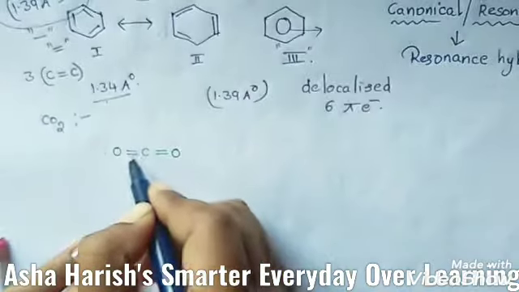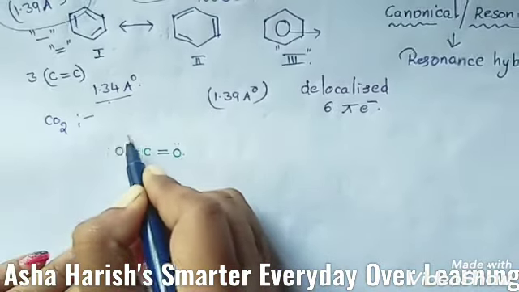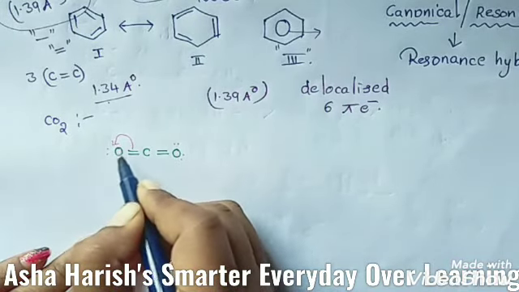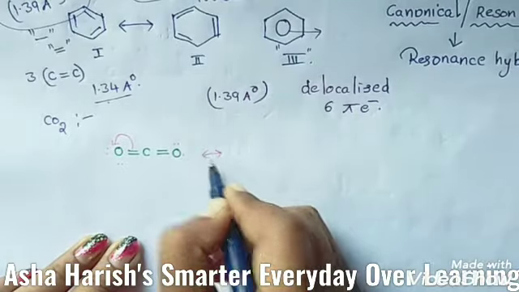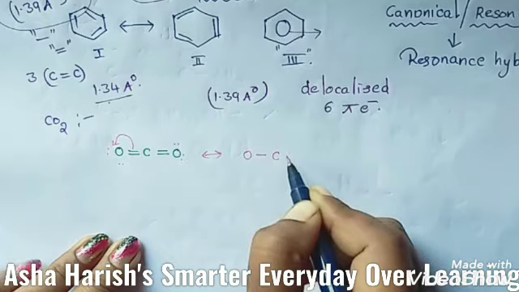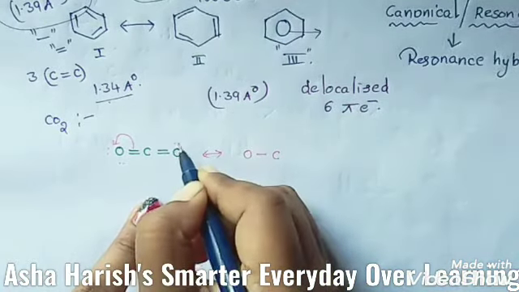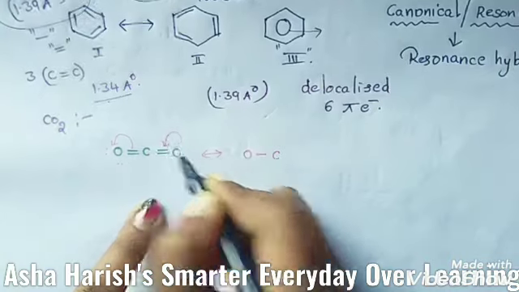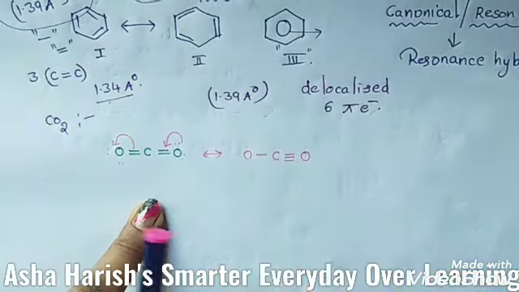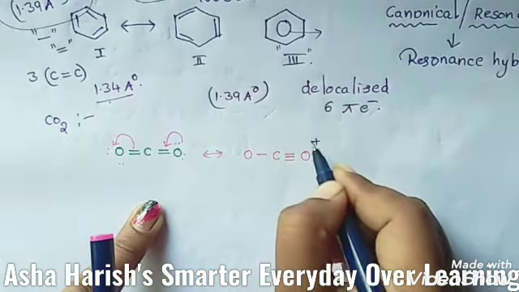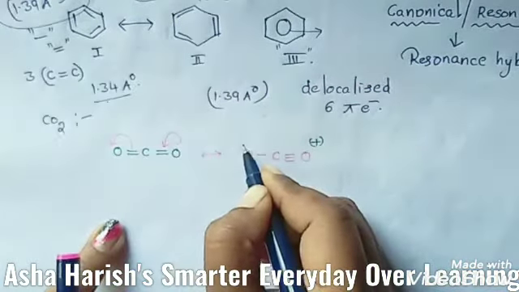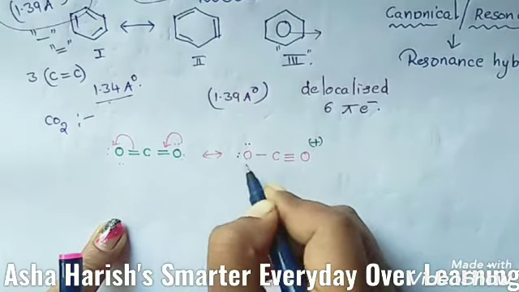Suppose 2 electrons are transferred from this bond to this oxygen, and you get an O single bond with carbon, and again 1 electron is shifted here. Then a triple bond comes, and a positive ion is formed here on oxygen with 3 lone pairs.